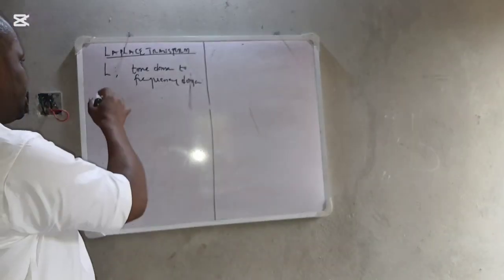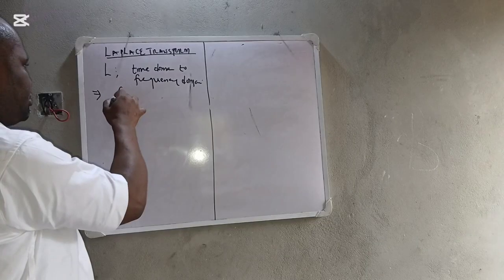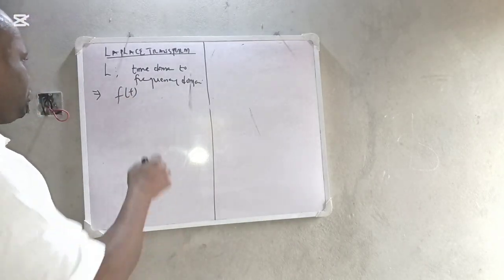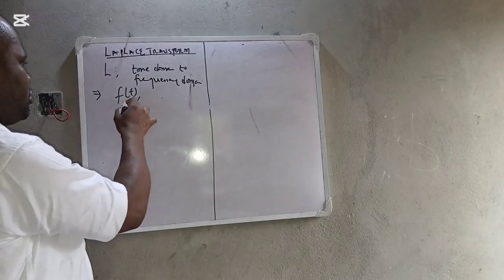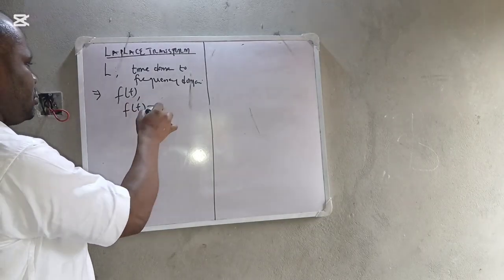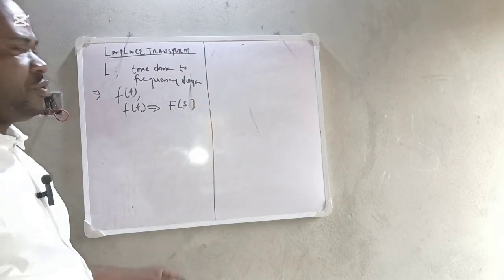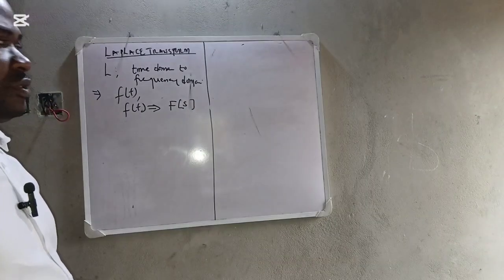So if you have an expression that is f of t, it means that you are changing from this to this. When you do this, that is Laplace transformation.